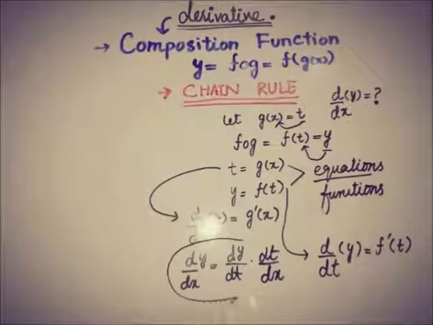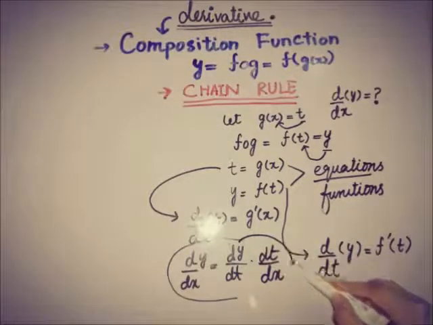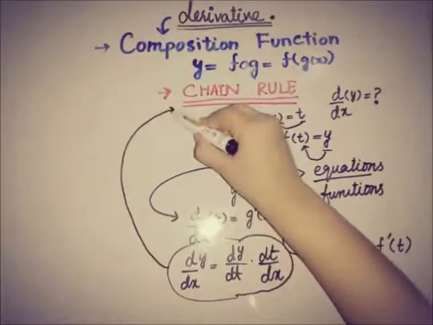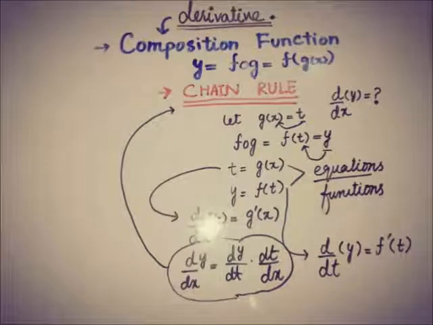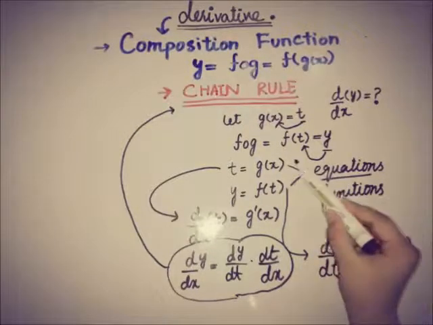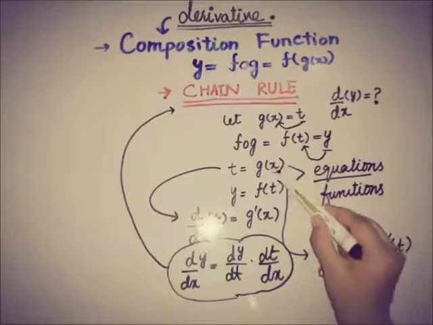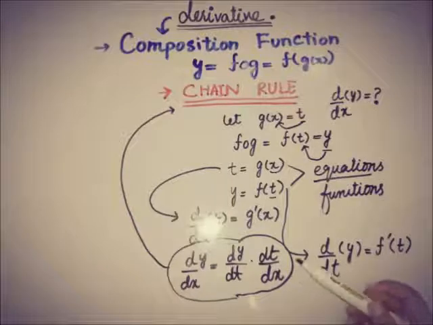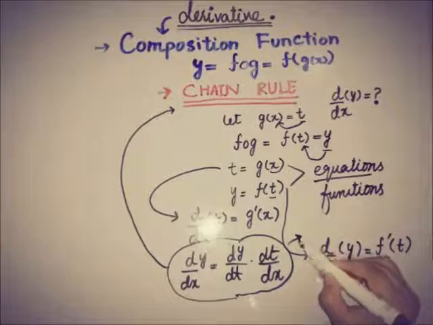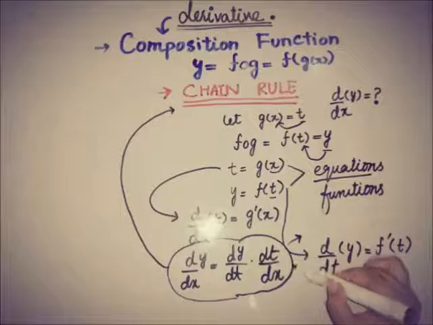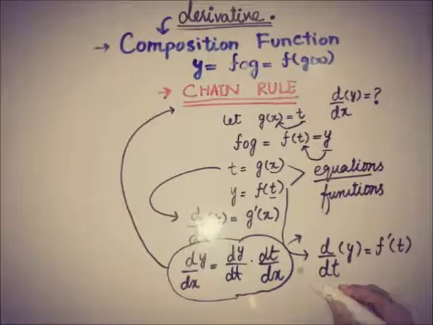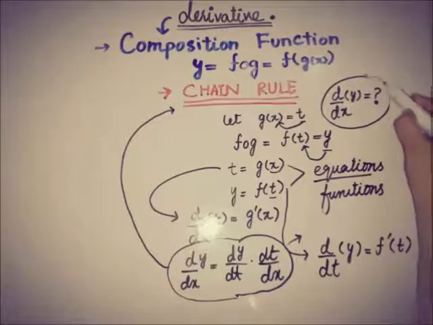This is what the chain rule says, that after finding the rate of change of both the functions with respect to their dependent variables, in the end we have to use this. By using this rule, we can find the rate of change of y with respect to x.